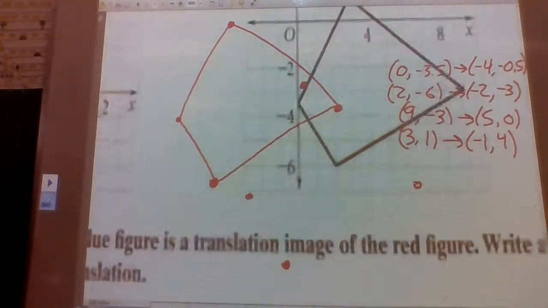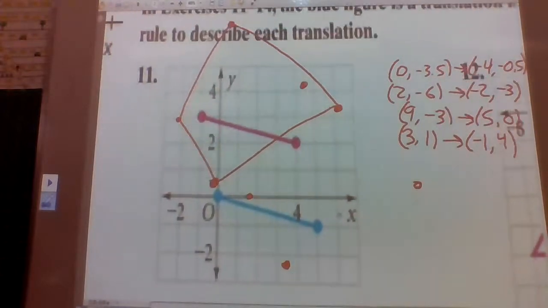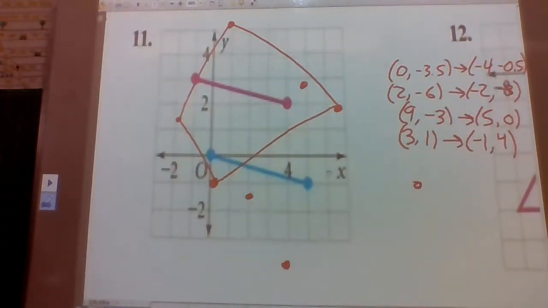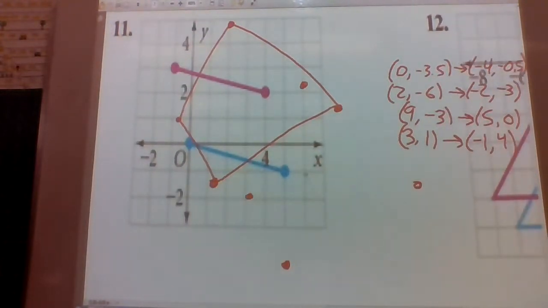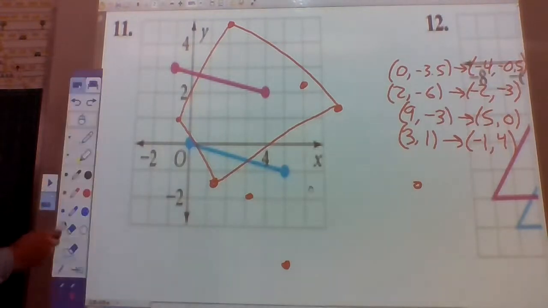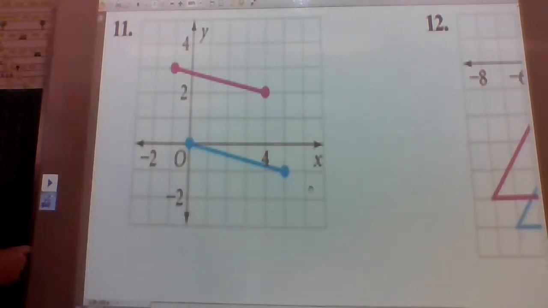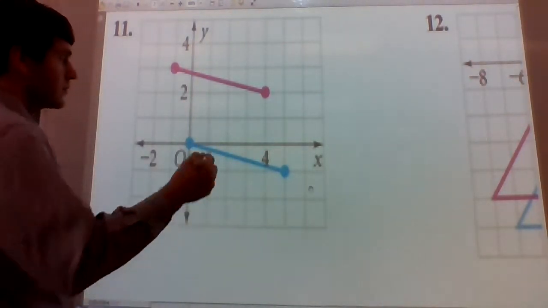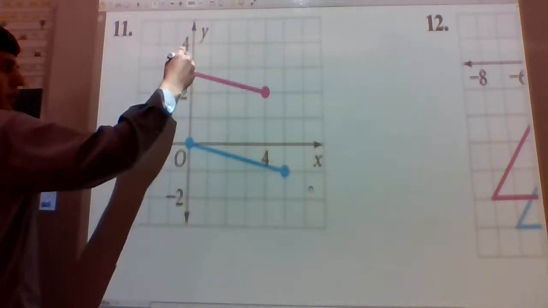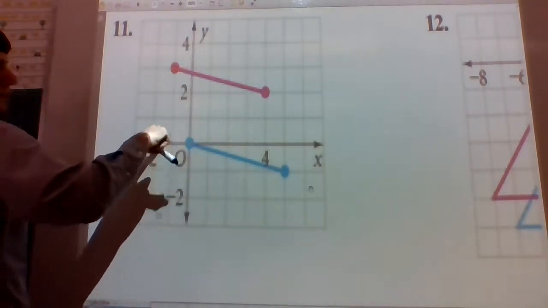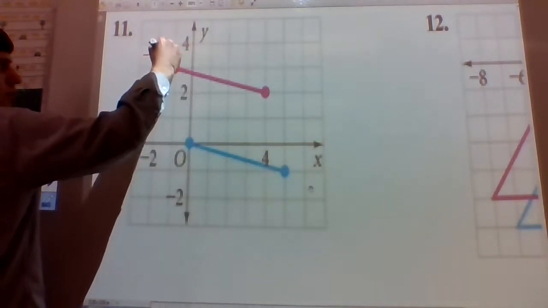Second way to go is they're going to give us the translated figure, and we need to figure out what the mapping notation is going to be, what the rule is. Okay, so here we're given 2 points. This one is negative 1, 3.